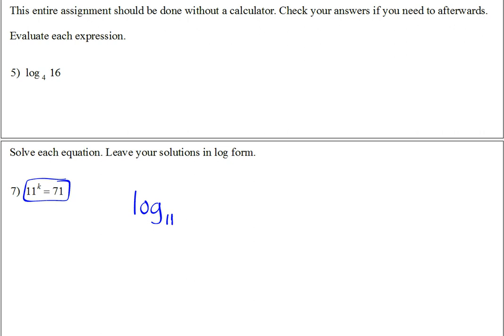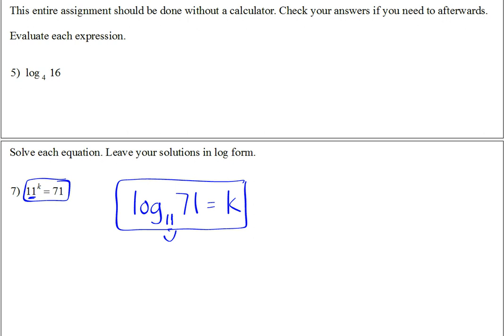We're going to raise it to some power that we don't know yet, and what do we get? 71. The way I say it sometimes is that the base, 11, stays the base, and the other two trade places. The exponent is gone now because we've changed it into logarithmic form. So another way you could write this is that k is equal to the log base 11 of 71.